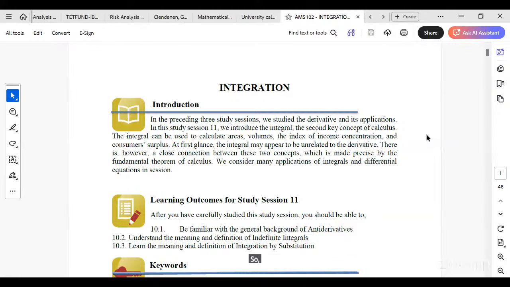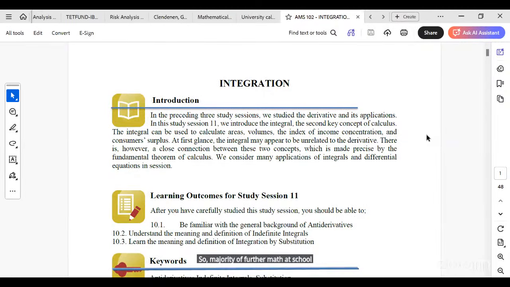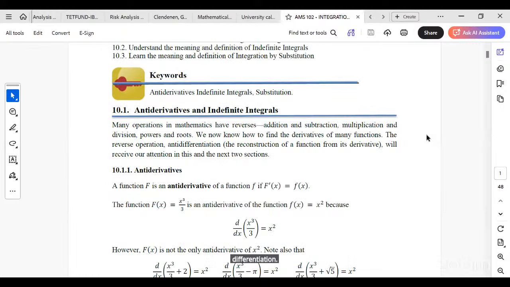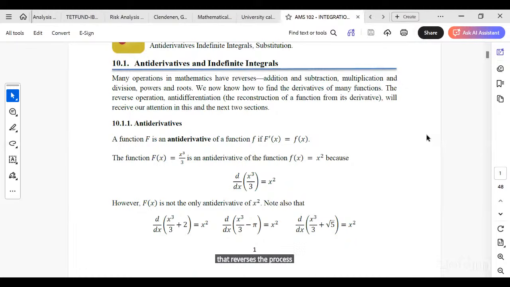Majority of us did further math at school, and you must have come across differentiation. The function that reverses the process of differentiation is what we'll be dealing with here, and that is integration. We all know that if you have a function, say x to the power of n, and you differentiate it, the derivative will be n times x to the power of n minus 1.